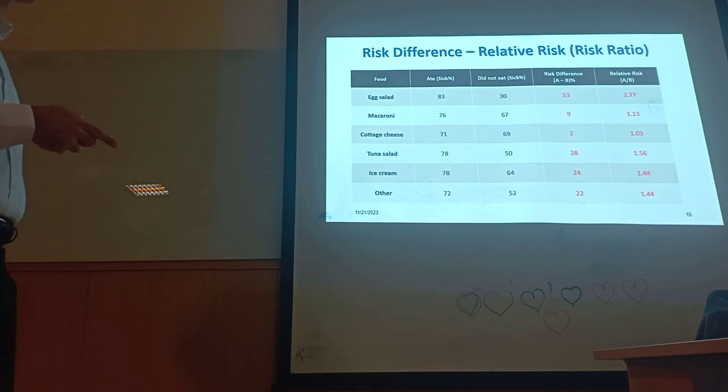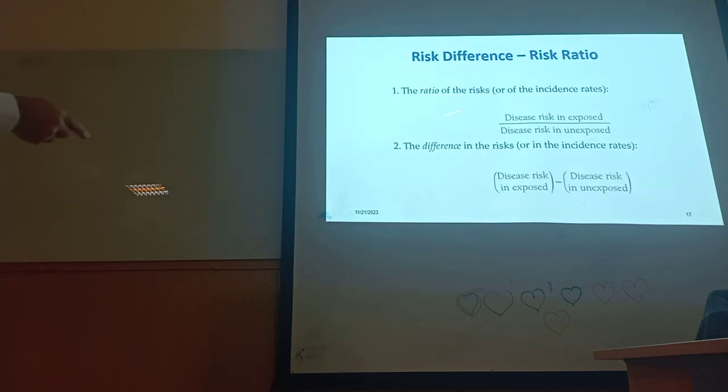That is the risk ratio. So the formula is disease risk in the exposed group divided by disease risk in the unexposed group. And this is unitless, there is no unit for risk ratio.